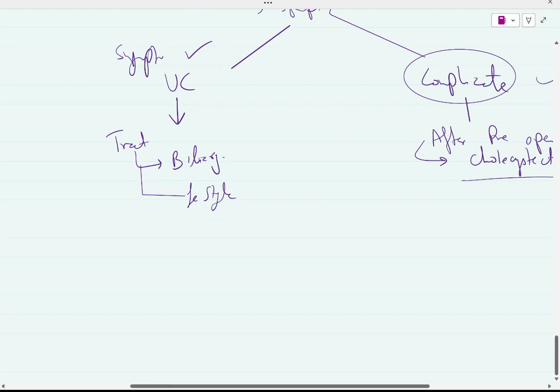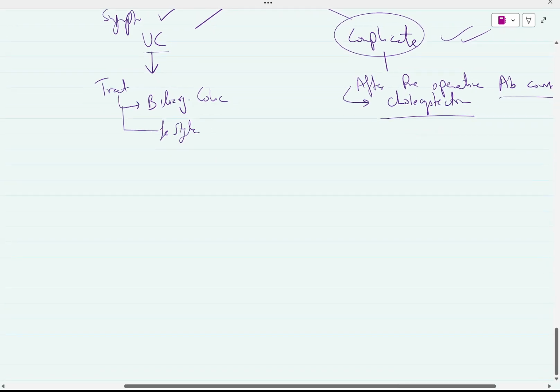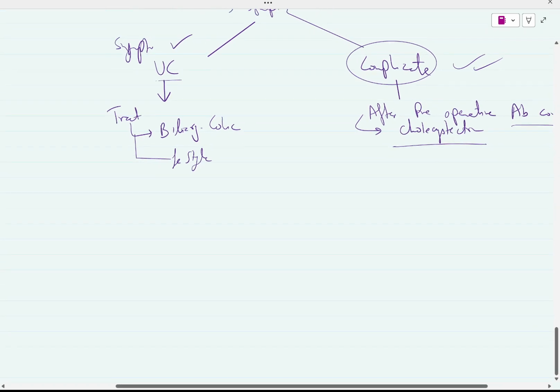The management of symptomatic uncomplicated cholelithiasis is to treat biliary colic and lifestyle modification. A patient comes to you with acute biliary disease, symptomatic uncomplicated, what will we do? We'll give the patient bowel rest.